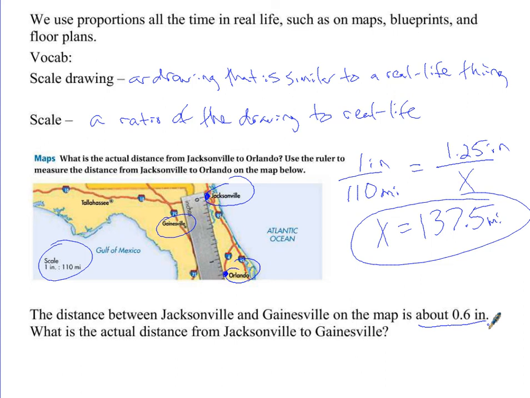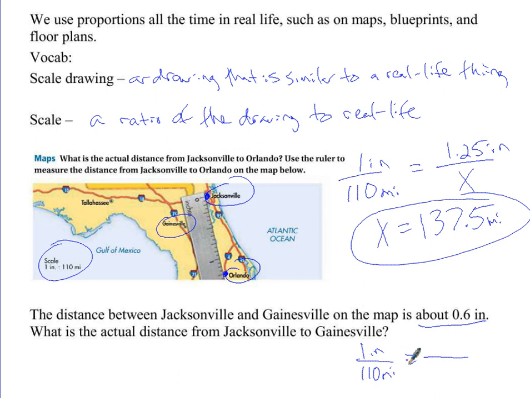So I don't want to just go into trying to write an answer. That's not what algebra is all about. And if you're doing that on your homework, you need to stop. Actually write down the problem. The proportion. So I'll put that equals that. One inch over 110 miles.